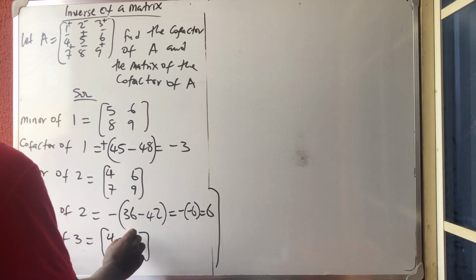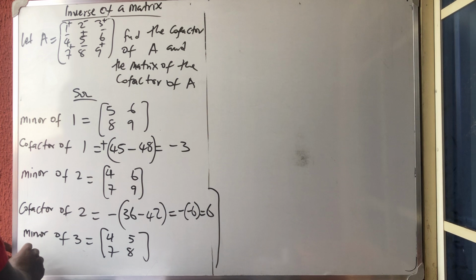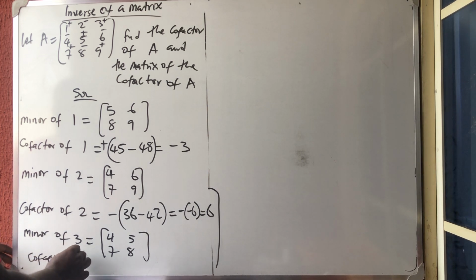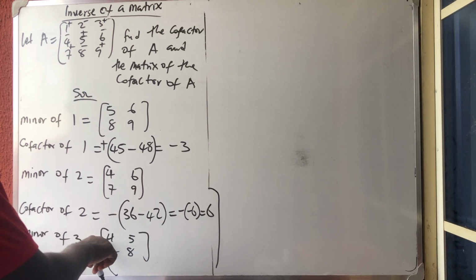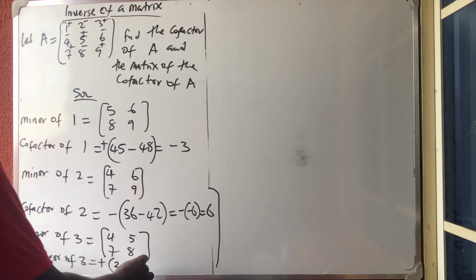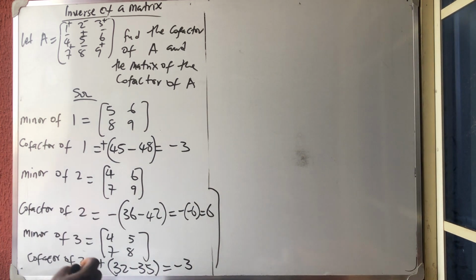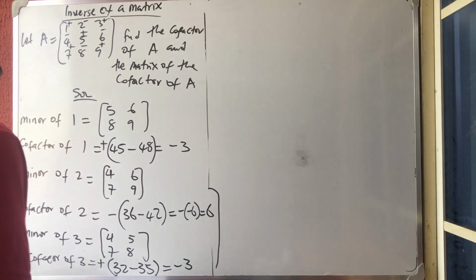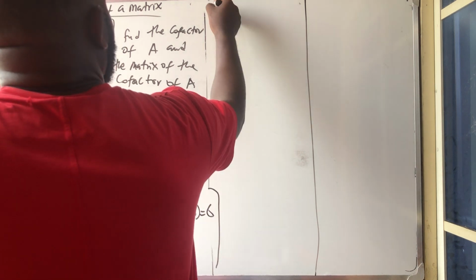Then the cofactor of 3: don't forget that here will be plus, because 3 is plus in the bracket of signs. Left, right: 4 times 8 is 32 minus 7 times 5 is 35. So my answer is minus 3. So the next one is the cofactor.